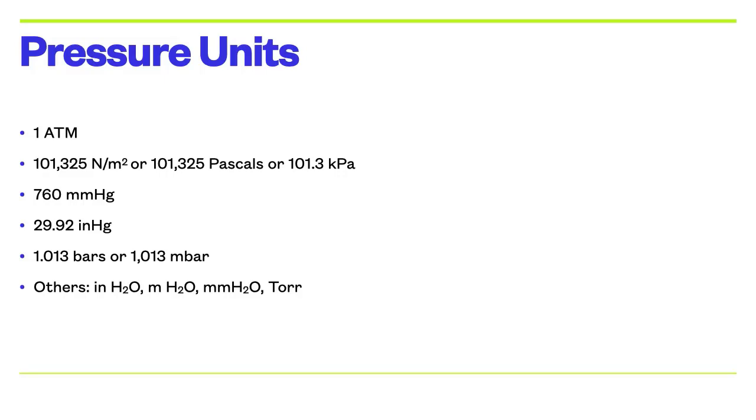And so you might run into pressure in terms of inches of water, even meters or millimeters of water. And finally, one old one that still pops up occasionally is a torr. Sometimes you'll hear pressure measured in torr. Torr turns out to be the same thing as millimeters of mercury. So if something is given as a pressure of 500 torr, that's the same as 500 millimeters of mercury.